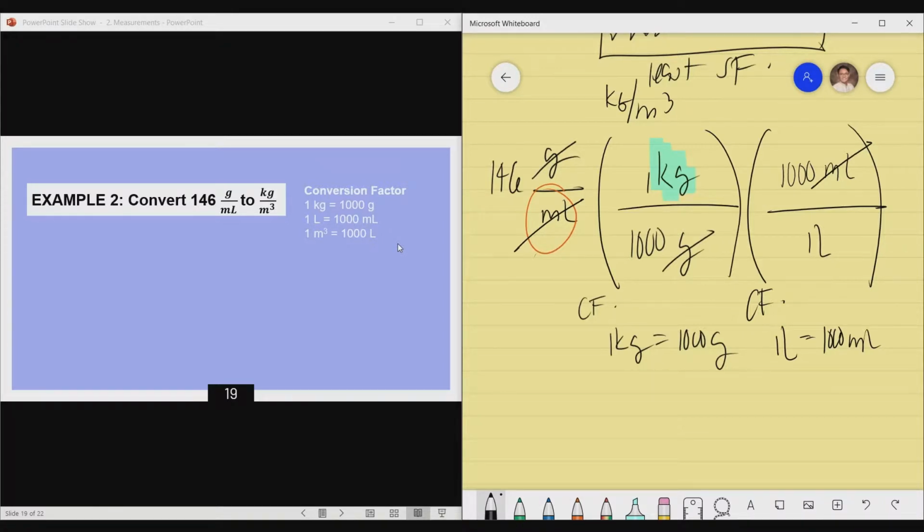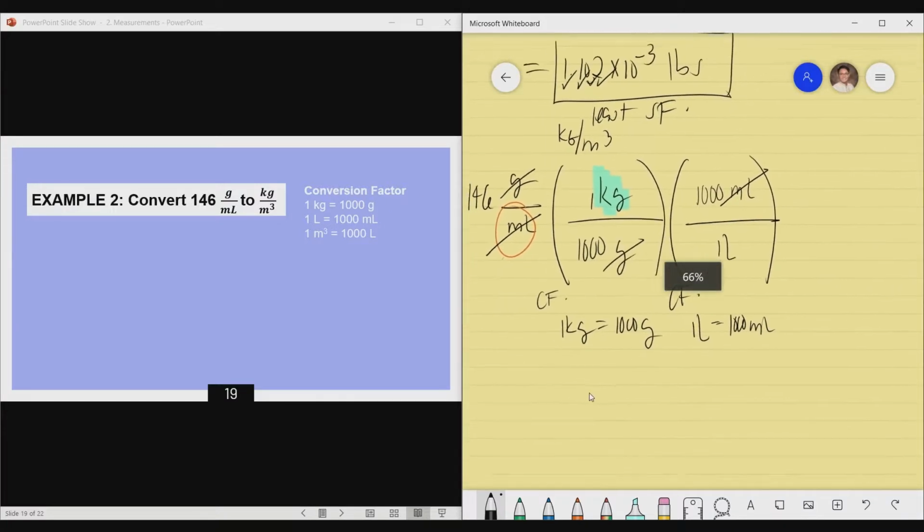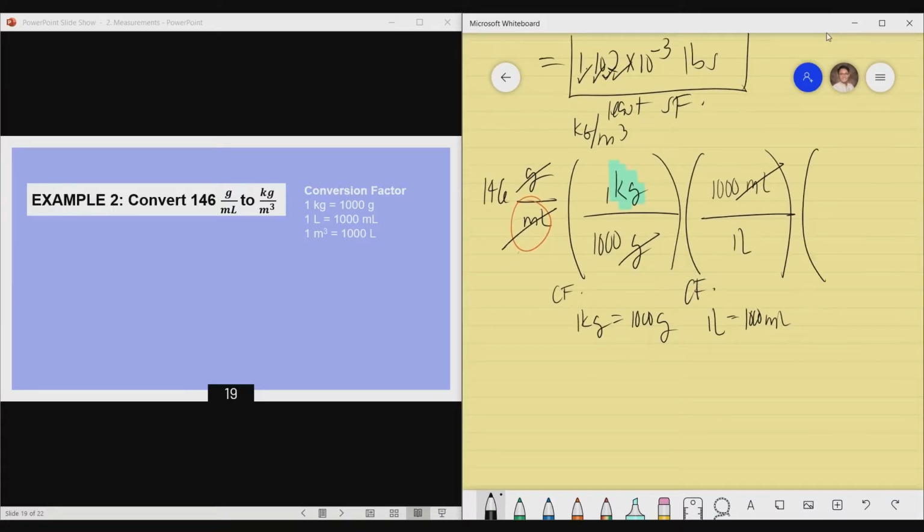Titigil ka na ba dyan? Hindi pa. Kasi nga ang kailangan mo, kilogram per cubic meter. Hindi kilogram per liter. So, tuloy. Tuloy ang laban. So, another conversion factor. So, dahil nagamit mo ni dalawa, alin kaya dito sa tatlong pares ang may liter? Itong ikatlo. Okay? So, 1 cubic meter is equal to 1,000 liter.